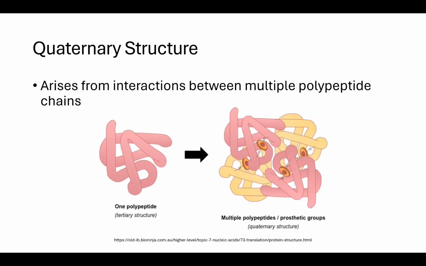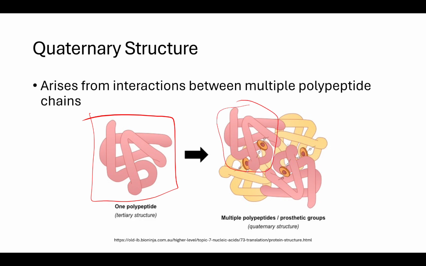And then the last level of protein structure is when you have more than one polypeptide chain. So here you see one single polypeptide chain. That is a covalently bound chain of amino acids. When you have interactions between more than one polypeptide chain, like what you see in this diagram right here, which is probably going to be hemoglobin because it's the big example of quaternary structure, or fourth level structure, in a protein.